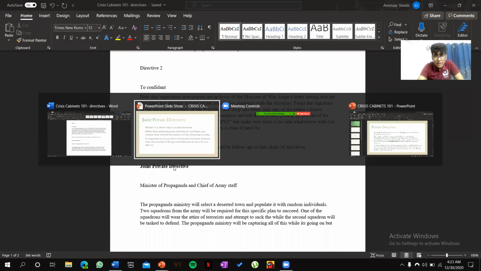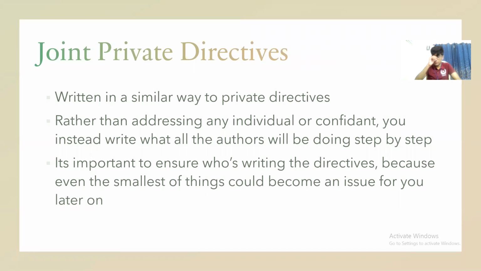Right. Now that I've showed you an example of private directives, let's move on to joint private directives. I feel joint private directives are the most important when it comes to particularly unmods or breaks, or whatever you term them in your crisis committee. They're written the exact same way. They ideally aren't addressed to your confidants.